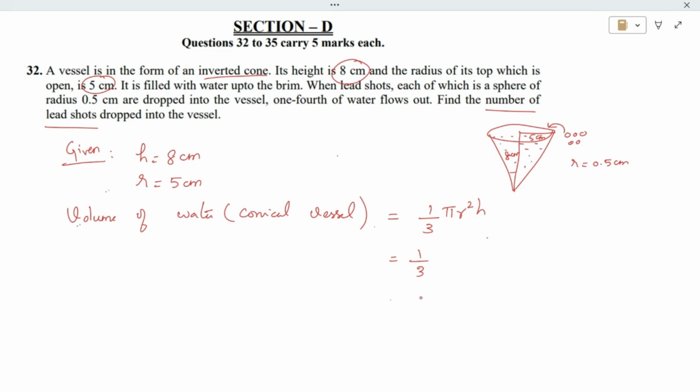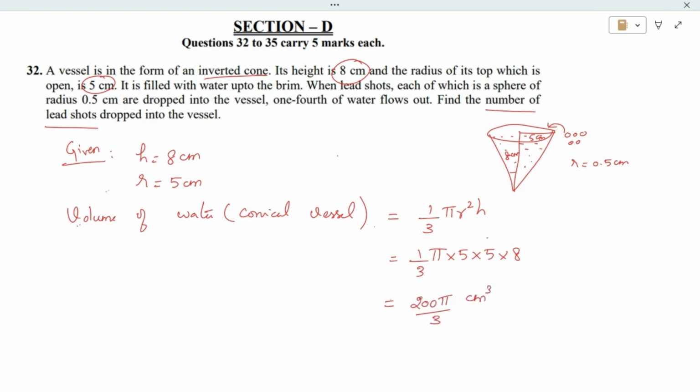So pi and pi will get cancelled. So just keep pi as it is. r is 5 times 5 and h is 8. So just multiply because there is no common factor to cancel. 8 5s are 40. 40 times 5 is 200 pi by 3 cubic units, right? So centimeter cube.